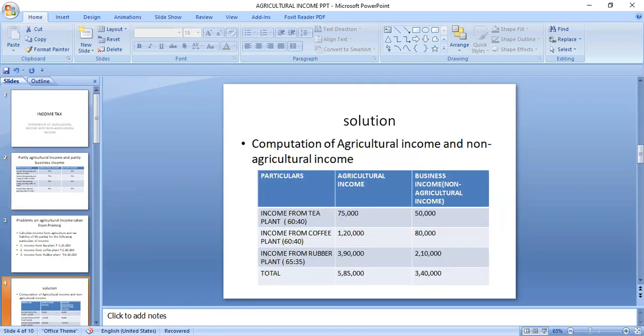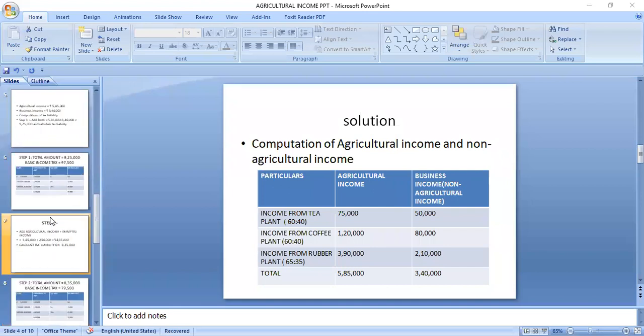As you know, repeating once again, here non-agri income or business income is less than 5 lakhs. You might seem to be very happy: my tax liability is nil, and your agricultural income of 5,85,000, as you know, is exempted from income tax, so you might be feeling very happy. Okay, so you will get shocked. The shock treatment is you have to pay tax by integrating both incomes, agri income and non-agri income.